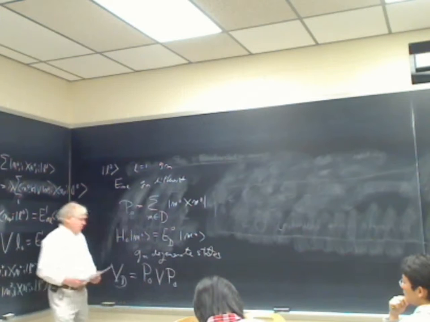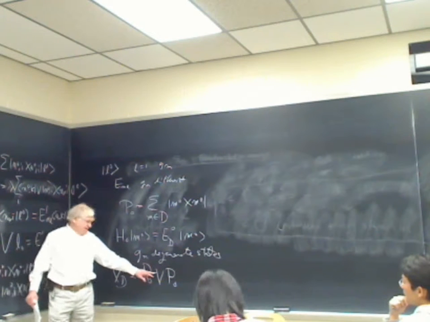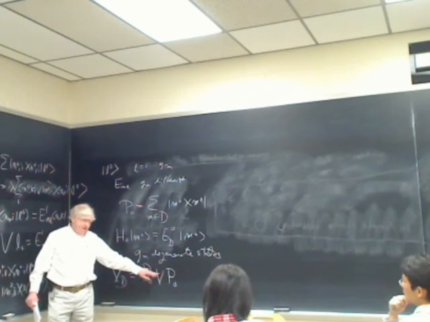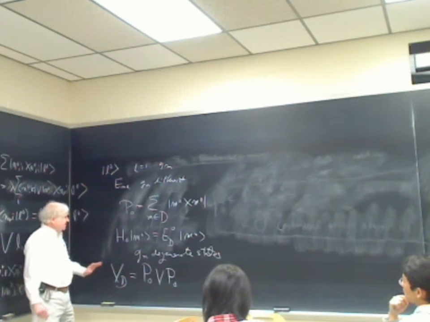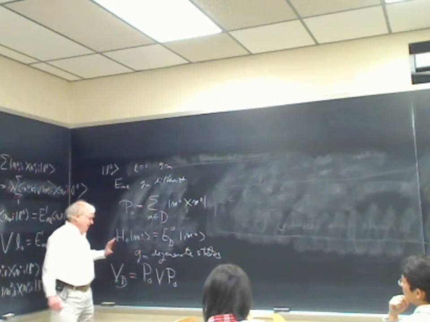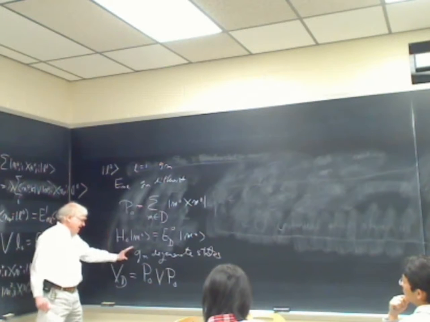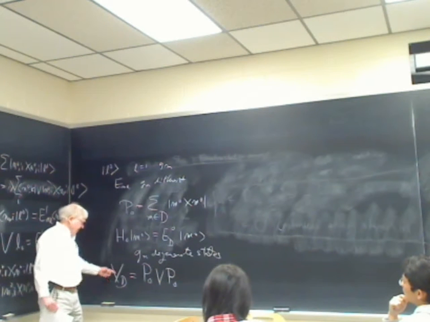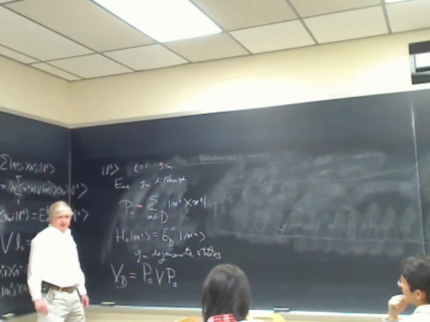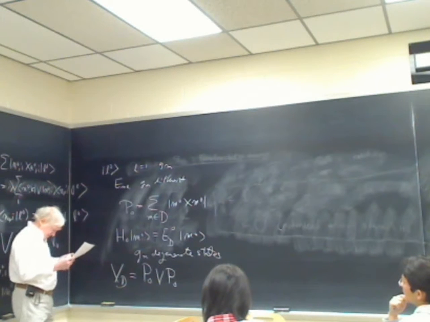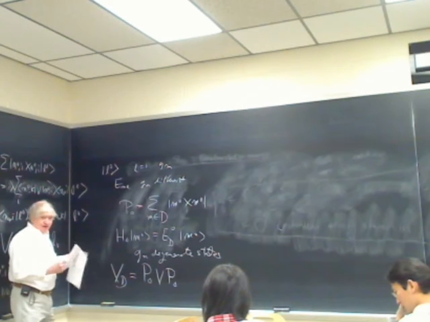In other words, we truncate the operator, the potential V, just to the subspace spanned by these Gn degenerate states. We call this Vd. Not to be confused with medical condition. All right.